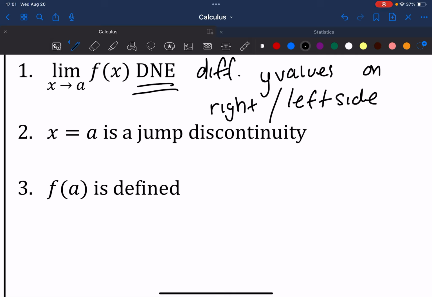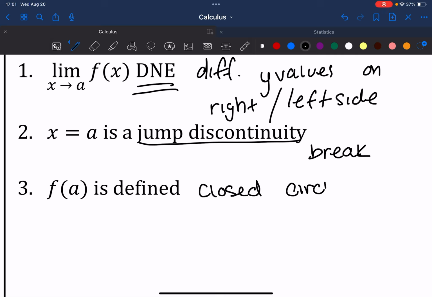A jump discontinuity means we have some type of break in our function where they have to jump from one function to another to be able to continue across the graph. And then lastly, it says f of a is defined. So in order for it to be defined, we know that one of our jump discontinuity points has to be a closed circle for it to be defined.